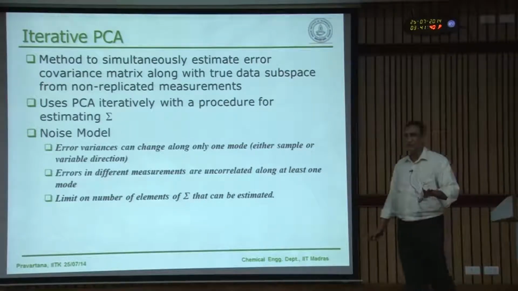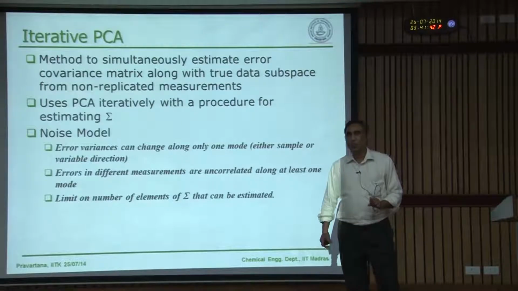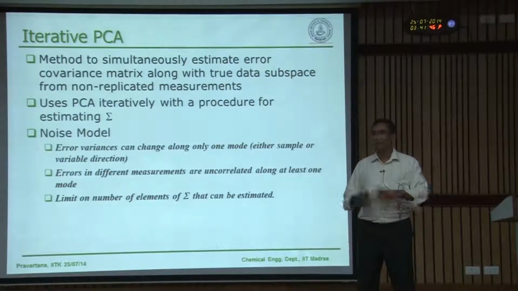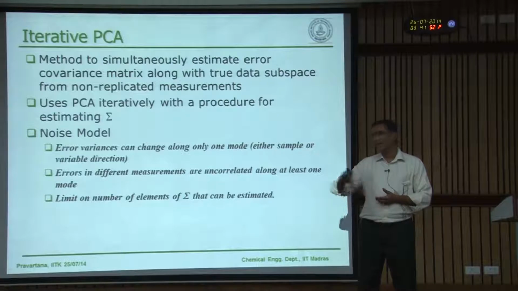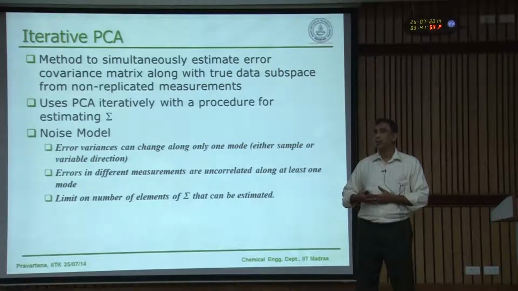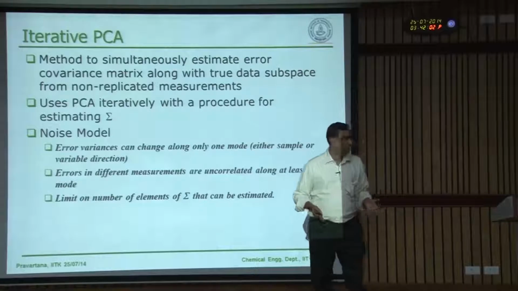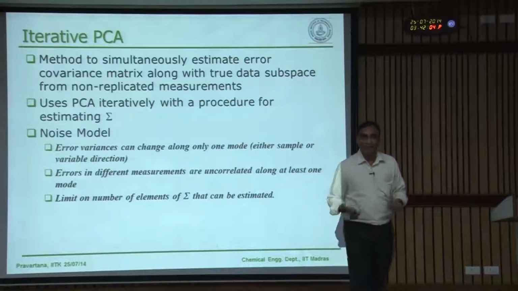So some conditions have to be satisfied. In general, you can say that at every sample for every variable the error variance is different. But typically if you use the same sensor repeatedly, unless it's a long period of time, if you have taken over years, maybe the sensor characteristics have changed. But if it's a short period, let's say a few months or a few days or a few weeks, you don't expect the sensor characteristics to change.